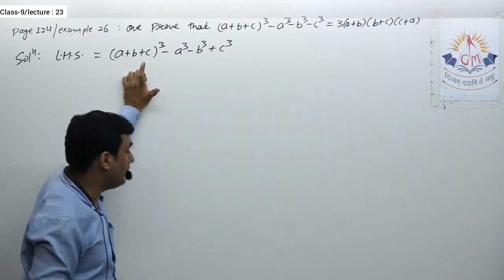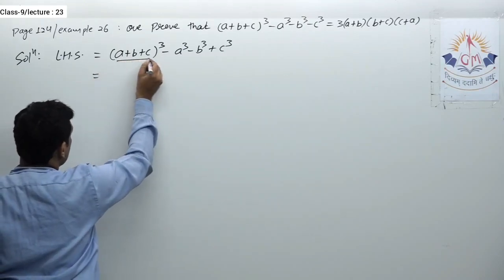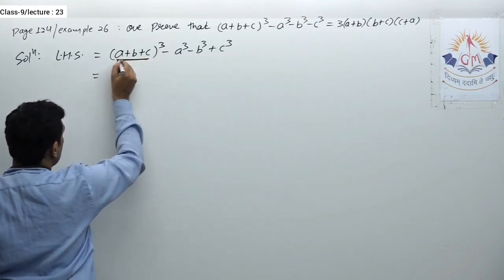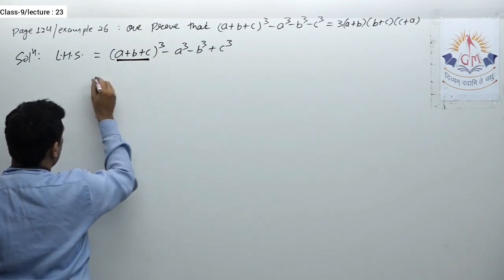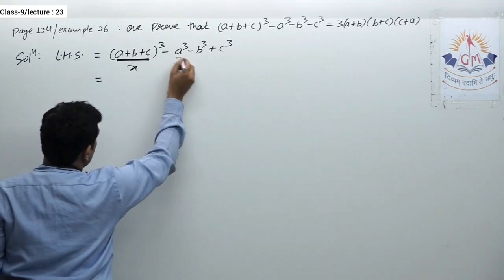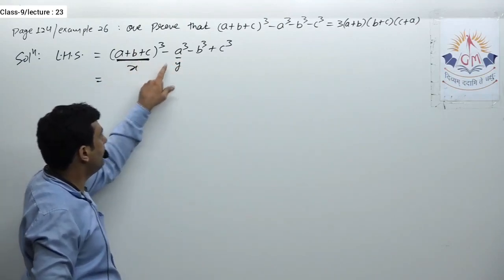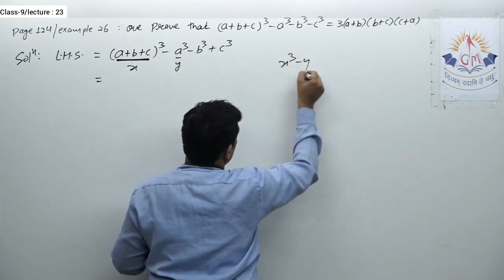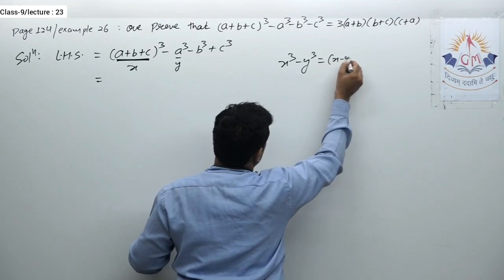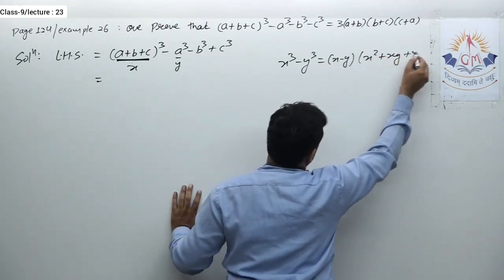So I am considering this complete quantity as x and this as y. So I can say this is x cube minus y cube, and x cube minus y cube is equal to (x minus y)(x square plus xy plus y square).